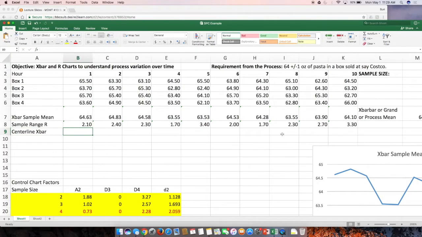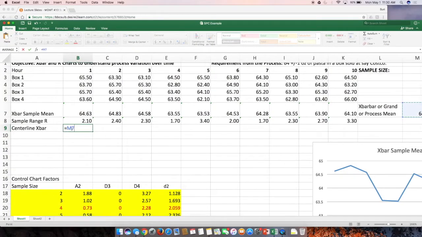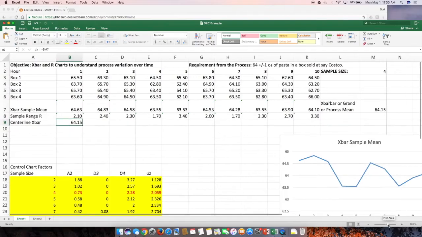Center line X bar, I'm going to plot it. That's why I want to enter these numbers. And so here I'm going to get the X bar. I'm going to put a dollar sign on the column because I'm going to drag to the right, and then I'm going to plot it.